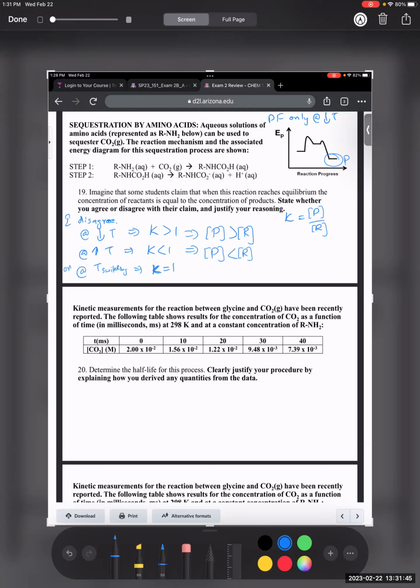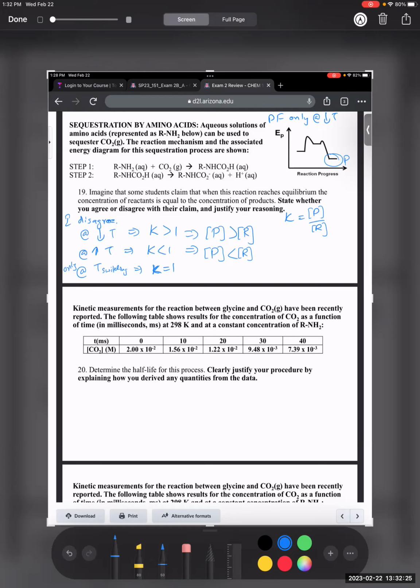Only at switching temperatures. Therefore, this claim does not make any sense. I mean, if they say at the switching temperature the reactant concentration must be equal to the product concentration, yeah, we can run with that. Technically, because we had 2 reactants and 2 products, the product of the 2 reactant concentrations and the product of the 2 product concentrations must be equal to each other at the switching temperature. But this is going to be the only time that happens. Therefore, this statement is not valid.